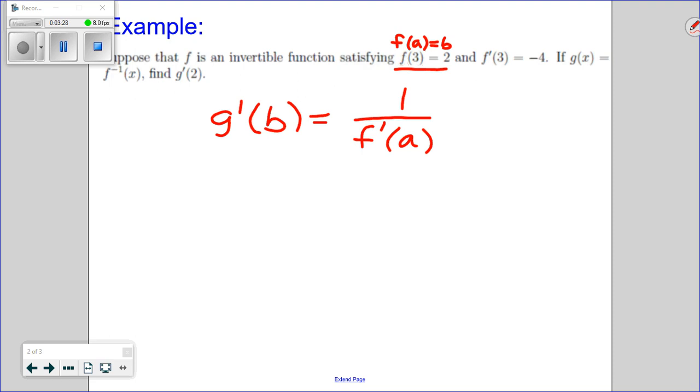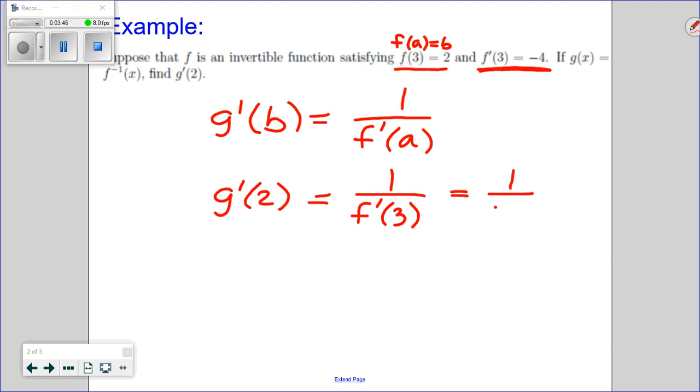So if we're finding g prime of 2, then that would just equal 1 over f prime of 3. And notice they gave us f prime of 3. So all we have to do here is plug in negative 4. So it equals negative 1/4. And you're done, that's it.